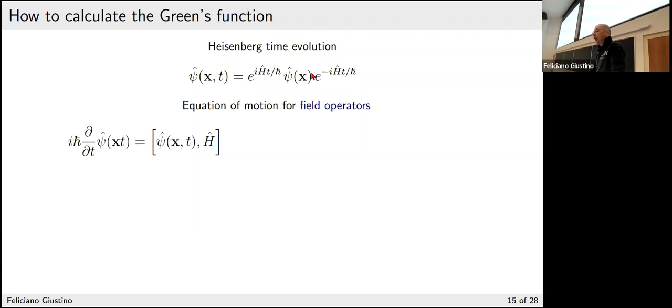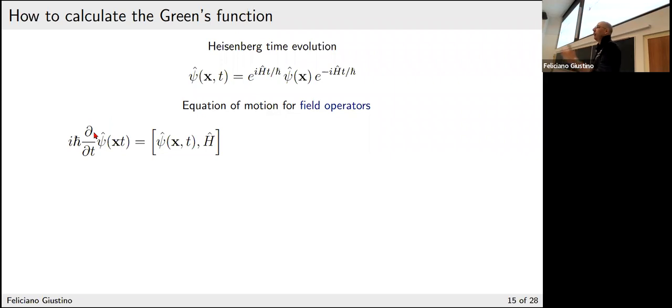If I try to do the time derivative, notice that I have a Hamiltonian here. So the derivative with respect to t will bring down the Hamiltonian and leave this unchanged. Then there will be another derivative where this remains unchanged, and there is a Hamiltonian coming down here, and there is a minus sign. Okay, so that basically means I have psi times Hamiltonian minus Hamiltonian times psi. That's a commutator, so it can be written this way.